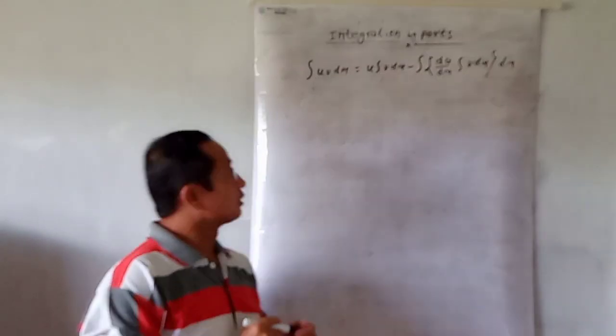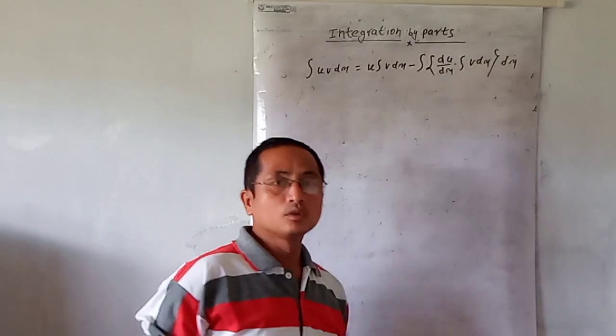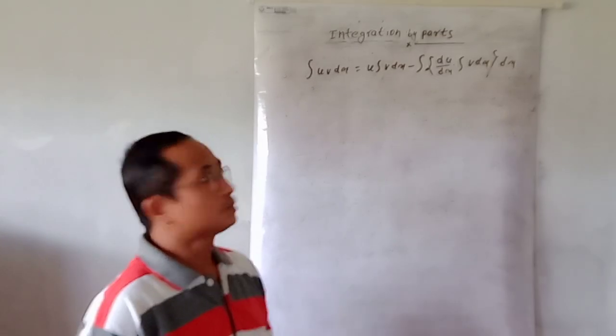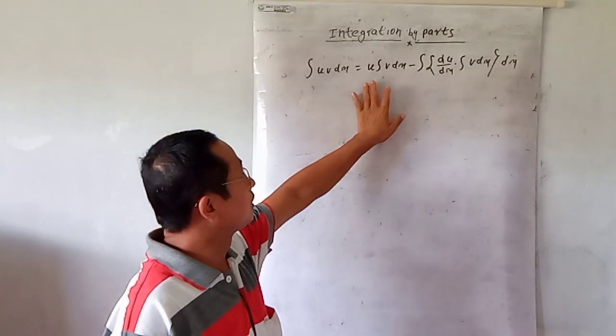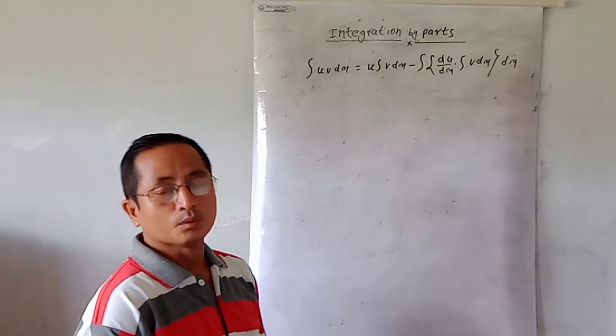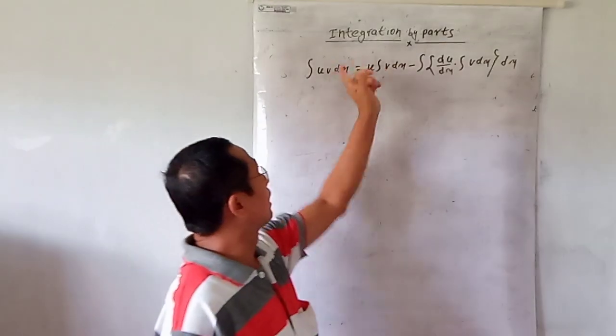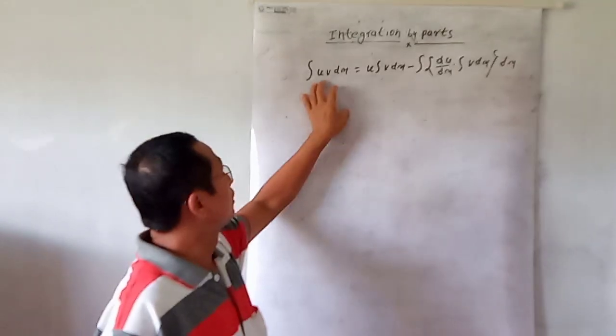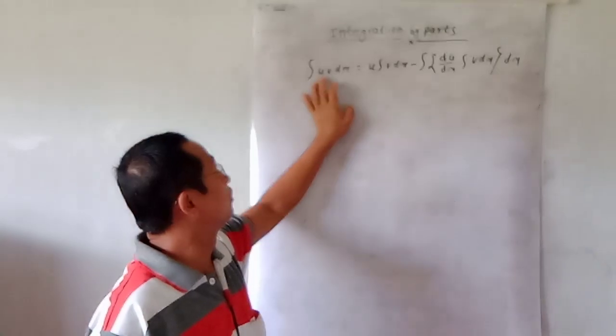I mean this is the formula to calculate the integration when the integrand is in the form of a product u into v.